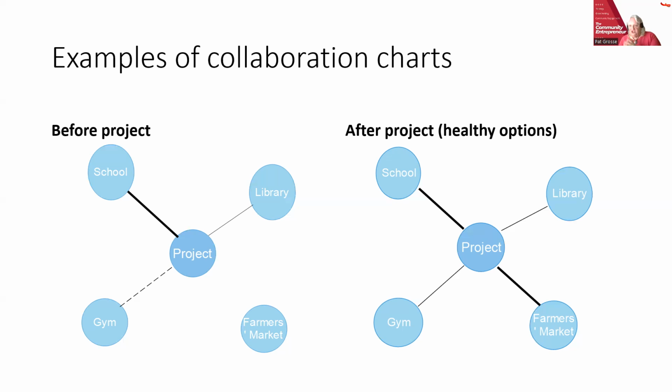It showed that this particular neighbourhood house had grown in confidence in approaching organisations that they initially thought were competitors. As it turned out, they were potential partners in the community. This was just by introducing this collaboration charts concept.